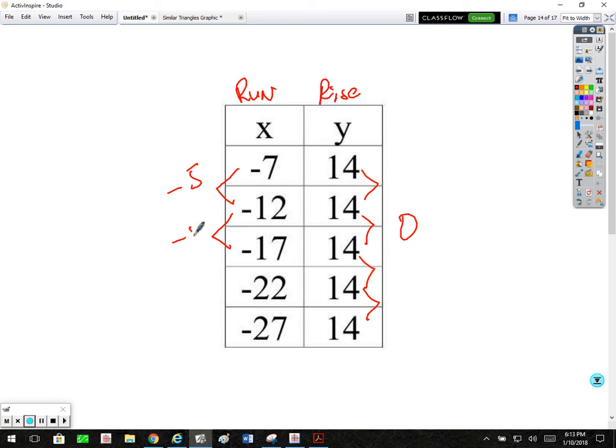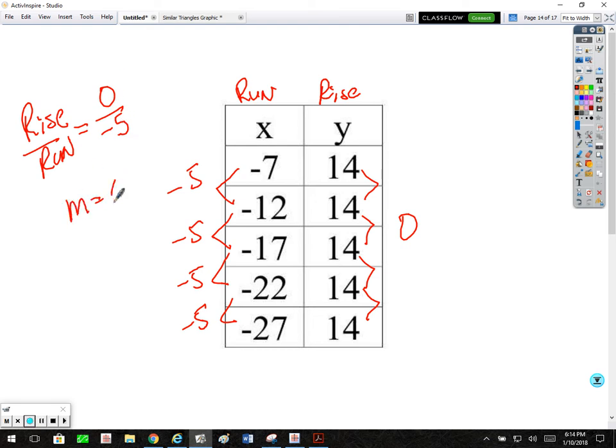I subtracted 5 here. I subtracted 5 here. And I subtracted 5 here. Well, if I look again, rise over run, or again, the change in the y values divided by the change in the x values, 0 over -5. Well, anything 0 divided by anything is 0. So the slope of this line that passes through these 5 points is 0.